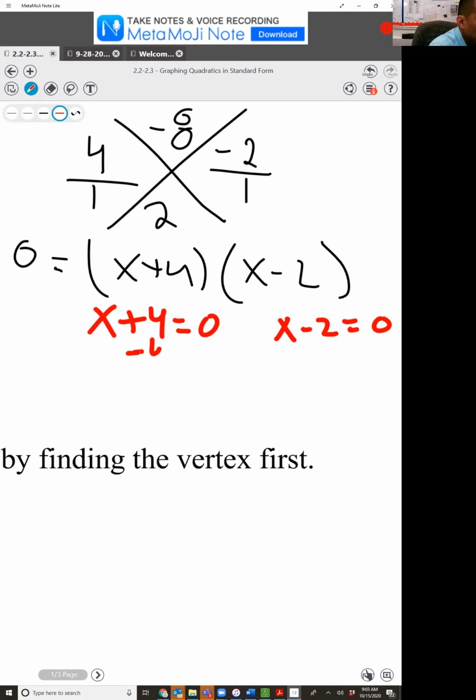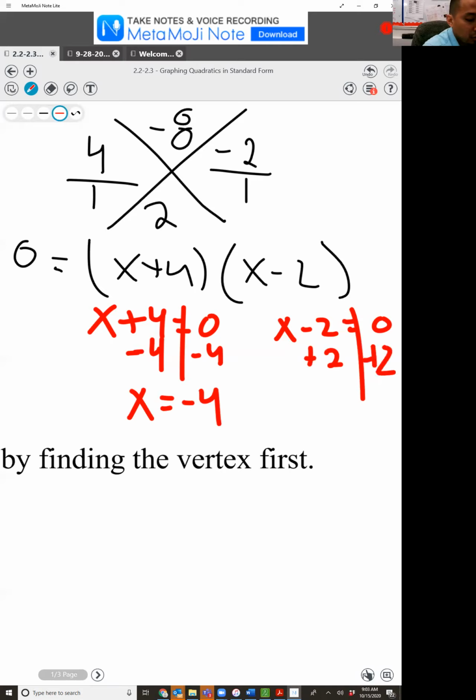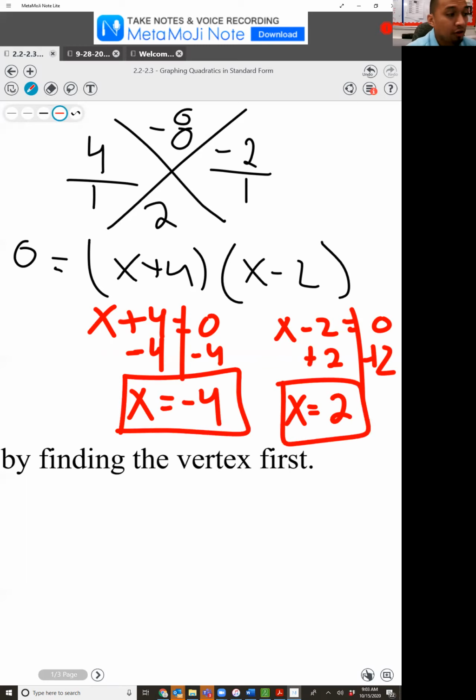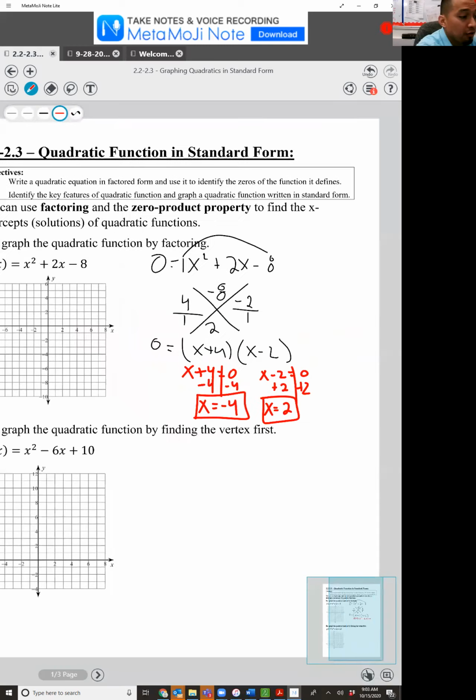Well, that's -4 on both sides, so x equals -4. That's plus 2 on both sides, so x equals 2. So what you just found are the x-intercepts of your function.